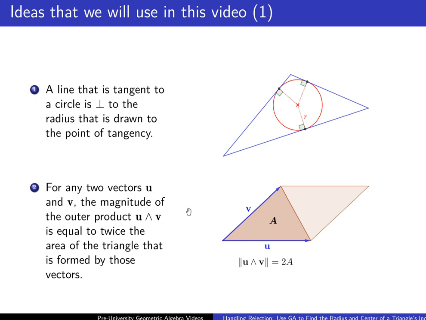Also, something we've seen in previous videos, for any 2 vectors u and v, the magnitude of the outer product of those vectors is equal to twice the area of the triangle that is formed by those vectors. So here is our triangle formed by the vectors u and v, and the magnitude of u wedge v is a scalar that is equal to 2 times the area.